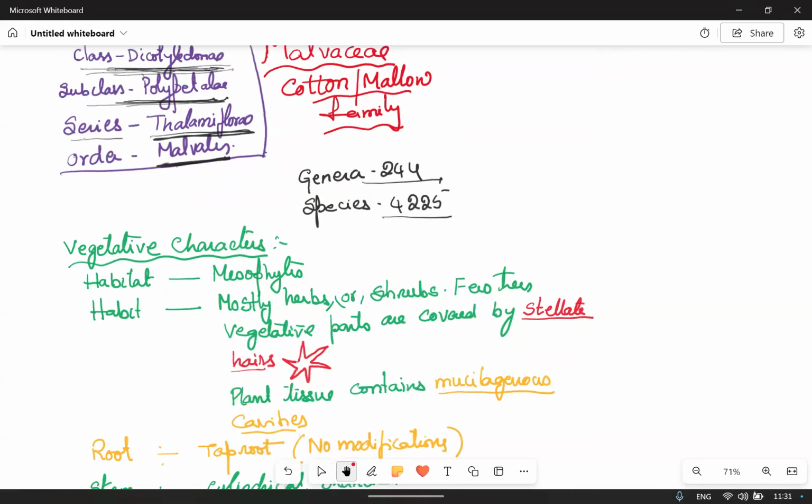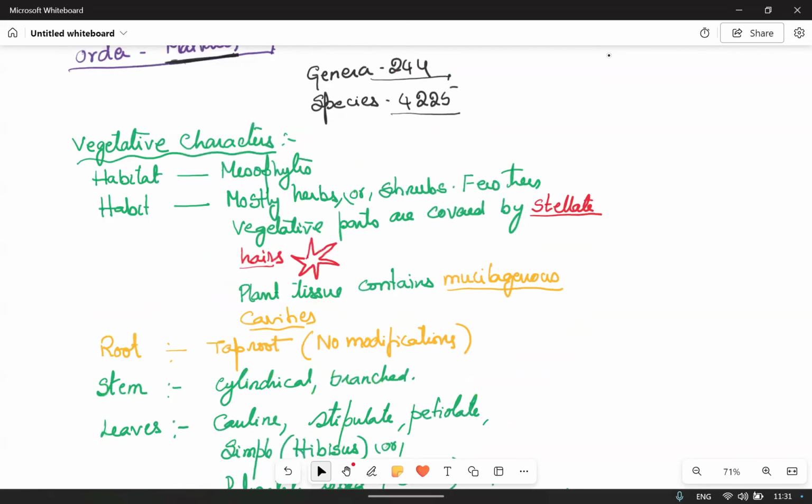And what about the vegetative characters here? The habitat is mesophytes. Mesophytes means they can grow in normal conditions. Habit: mostly herbs and shrubs also. Hibiscus, shoe flower, mandara, that is a shrub. And a few trees also we can see. The most important one here: the vegetative parts are covered by stellate hairs.